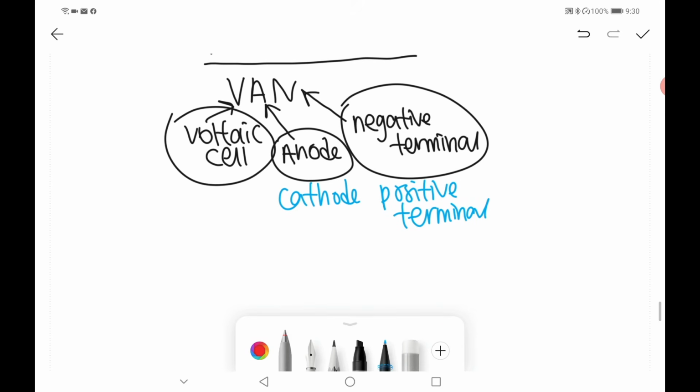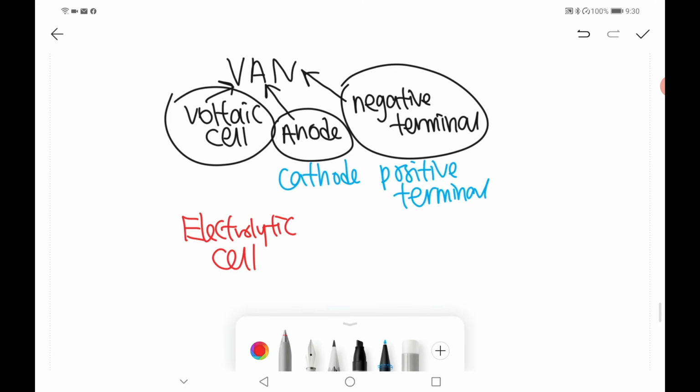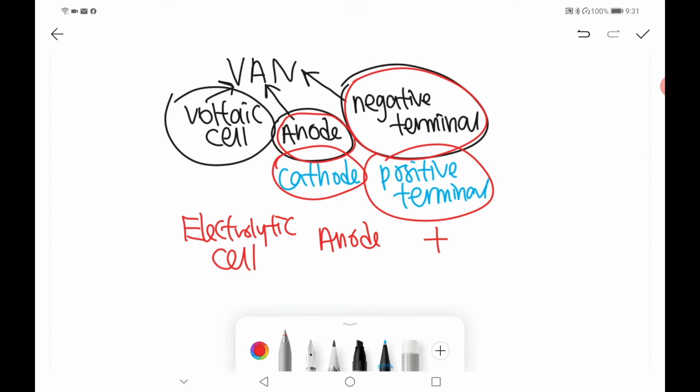When we have electrolytic cell, everything is reversed. In electrolytic cell, the anode we copy back: just now the anode is the negative terminal, now the anode is positive. Just now the cathode is positive, now the cathode is negative.